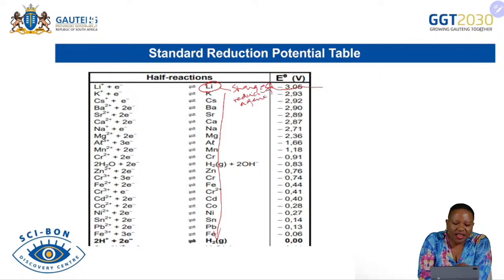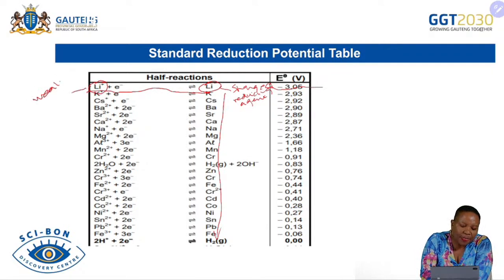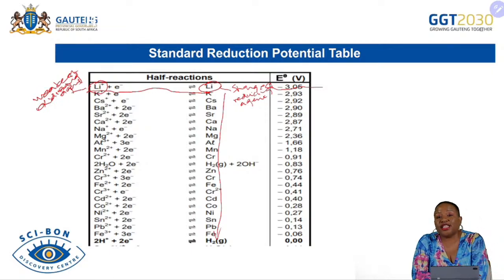Now, if lithium is the strongest reducing agent, remember this half reaction has both the reducing agent and the oxidizing agent. Therefore, it means lithium ion will be the weakest oxidizing agent. So if you are the strongest reducing agent, your oxidizing agent will be the weakest.